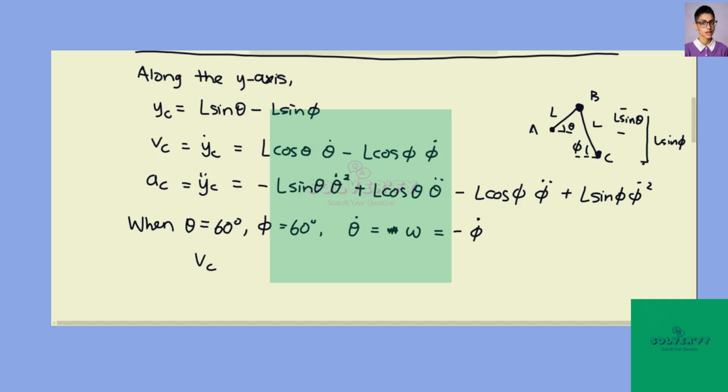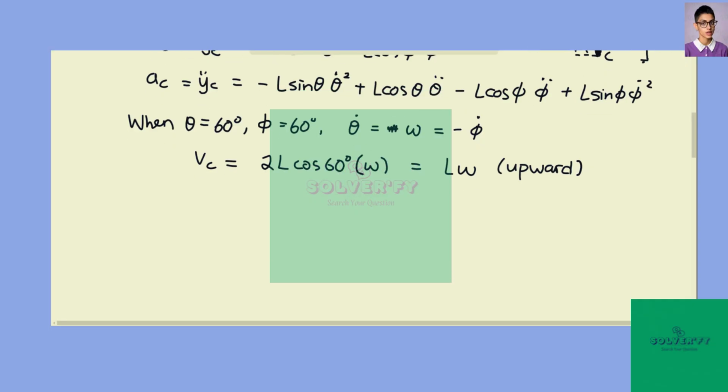So vc will just be 2 L cosine 60 degrees times omega. So this is just L omega, upward, because it's a positive number.